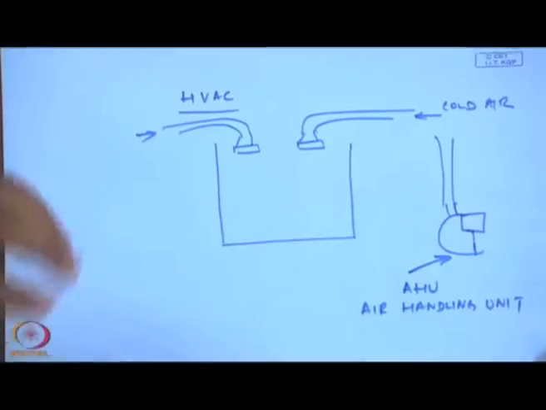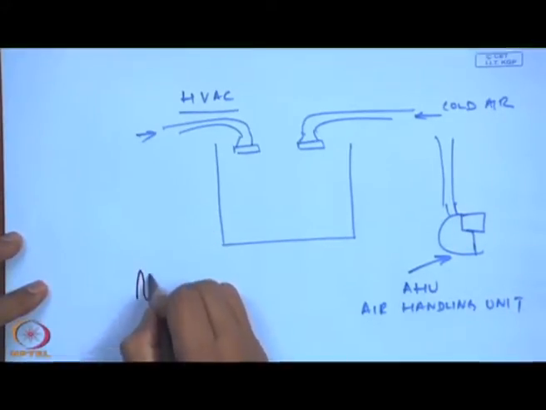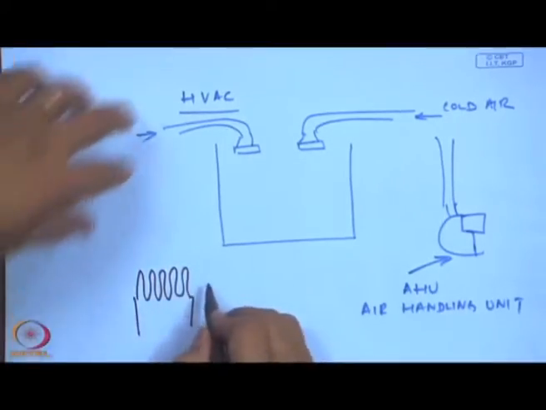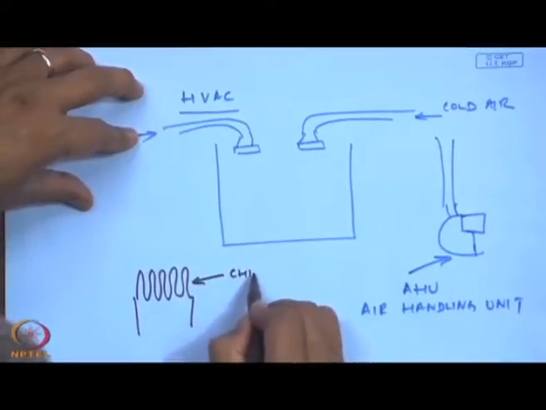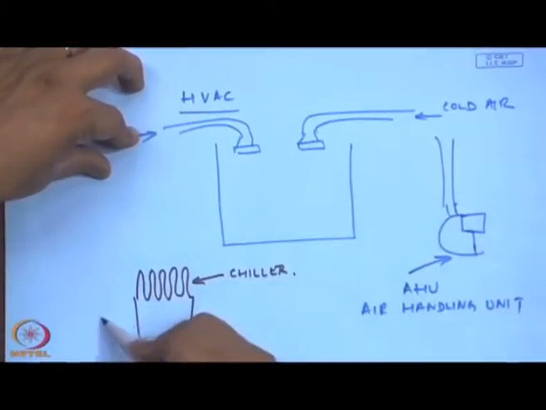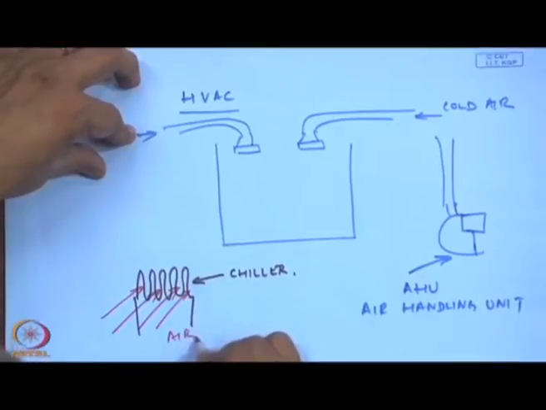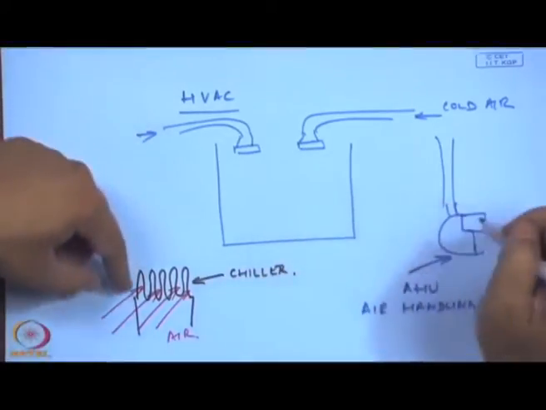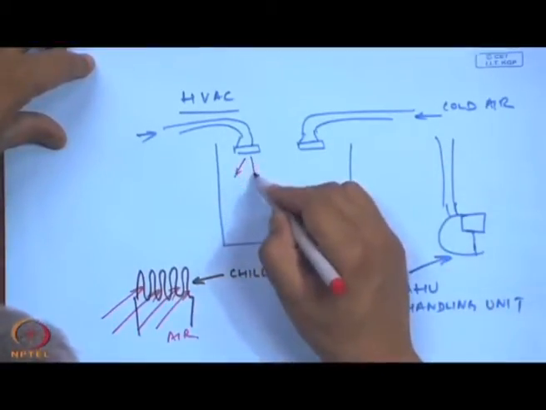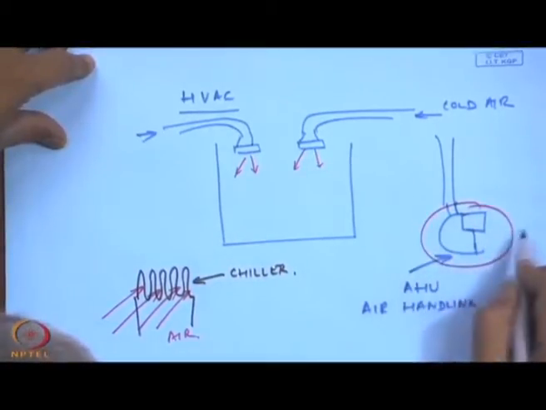Basically, the way the air handling unit works is, on the refrigeration system, I have a chiller, okay, through which air is blown in, and by heat transfer air becomes cold, and this cold air is given into the room. So, there this calls for a blower.